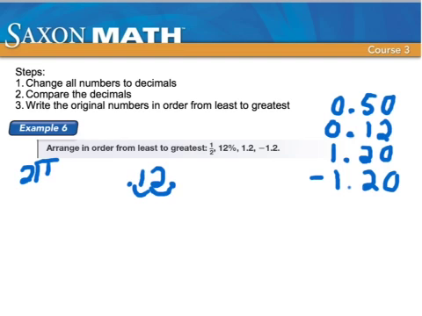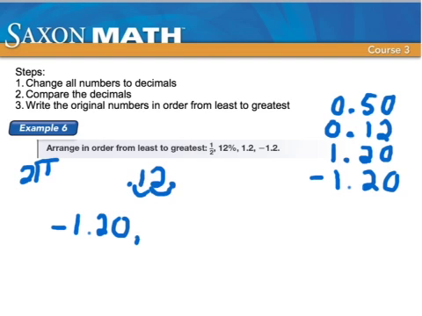From least to greatest, we've got to put these in order now. So we have to compare these. The negative 1 2/10 should go first because it's negative, and negatives are always less than positives.